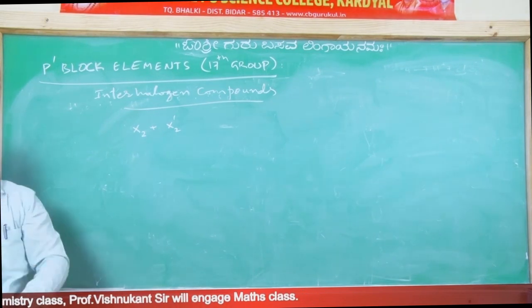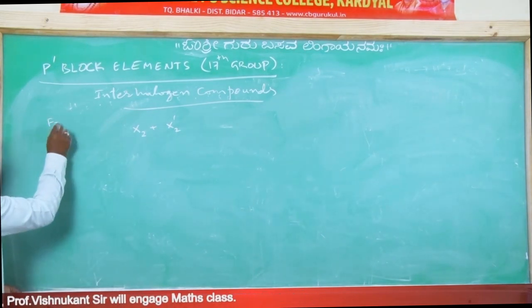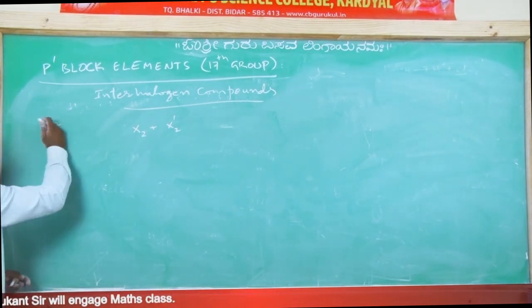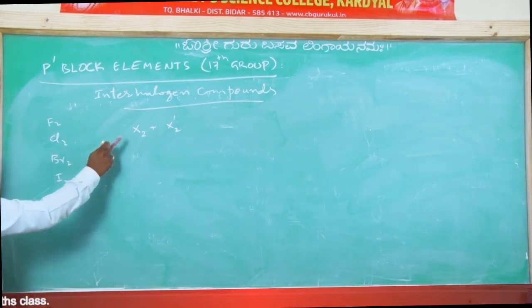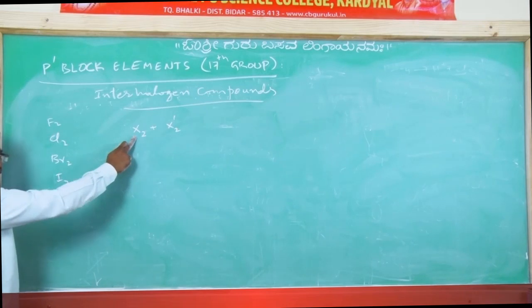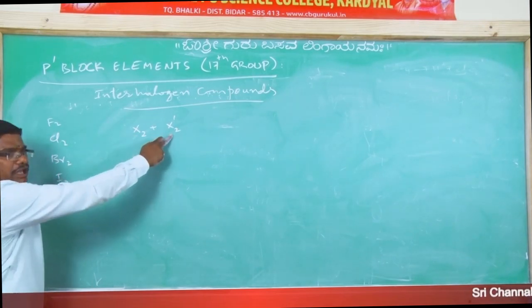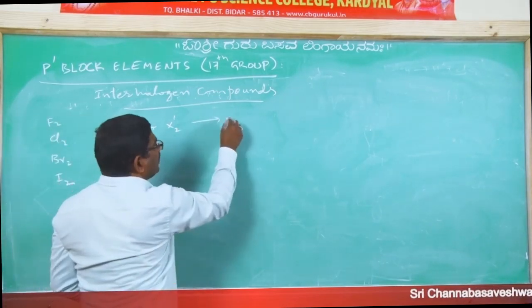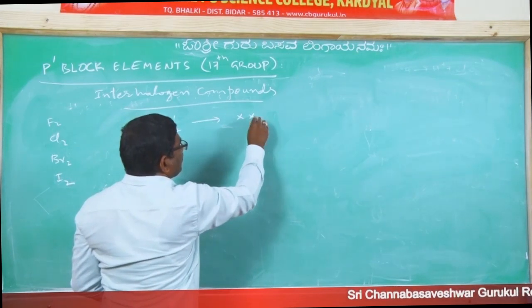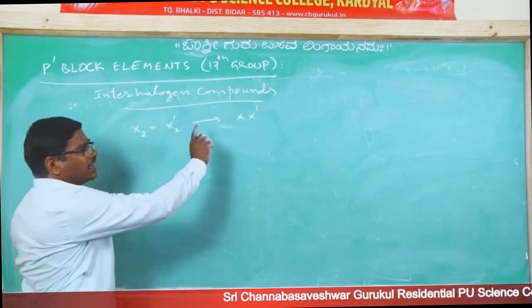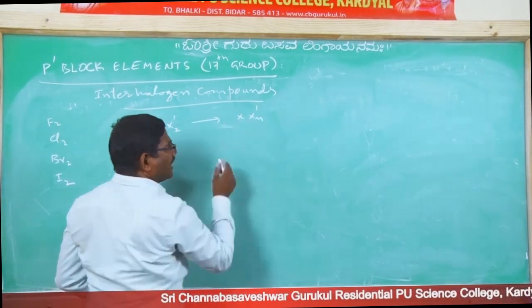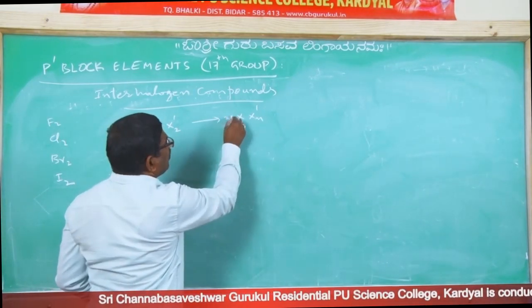In total we have 4 halogens: fluorine, chlorine, bromine and iodine. Of those, one I fixed as X2, the other fixed as X dash 2. It is going to yield X X dash, with n taken as a multiple of m.